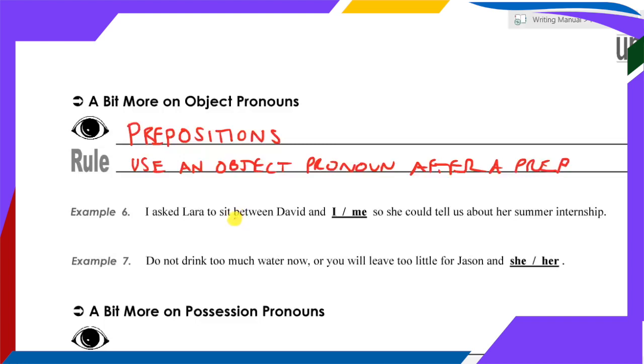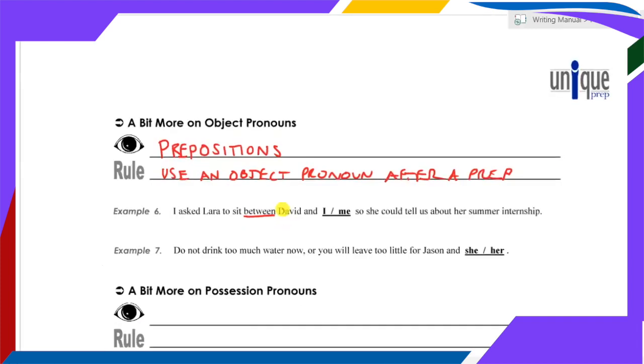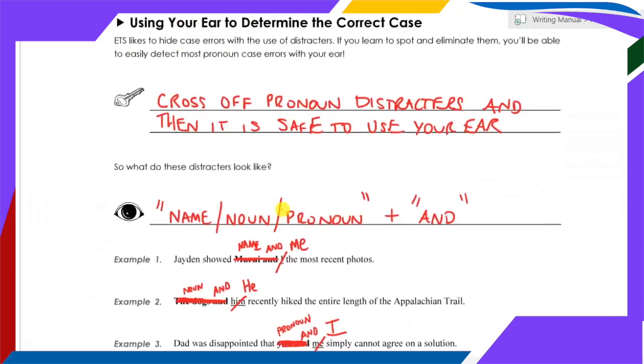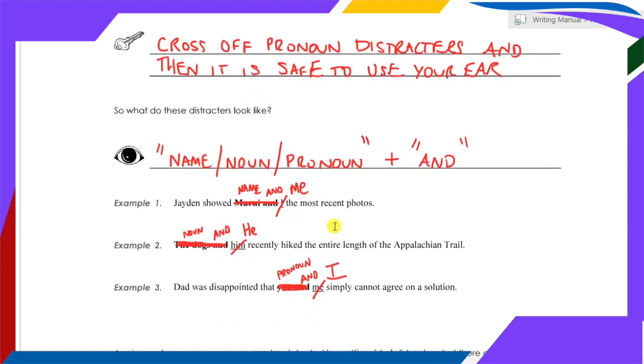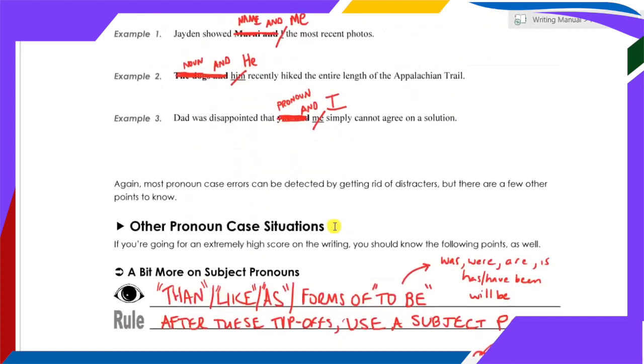However, there is one preposition that ETS loves to use that is not so amenable to the crossing off distractors and using your ear technique that we just discussed. Remember, we just said that if we see a name/noun/pronoun plus and, we should cross off that distractor and use our ears.